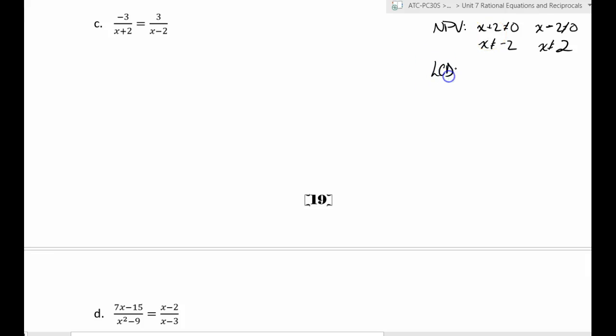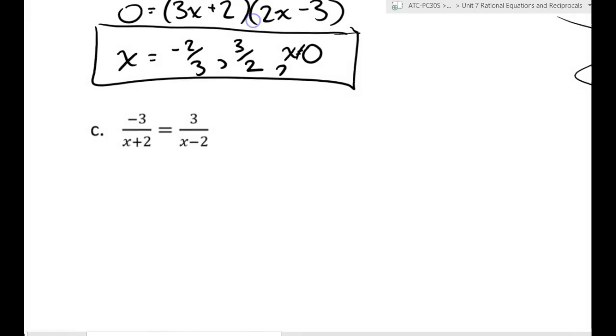My lowest common denominator also gets a little bit more complicated, because I need to account for both pieces. And so I need to include them both. That whole thing multiplied together is now my lowest common denominator. So when I go to multiply this, and I'm just going to zoom in so that I can write and still be visible, I'm going to multiply each term by x plus 2, x minus 2, and we'll see why we include both pieces.